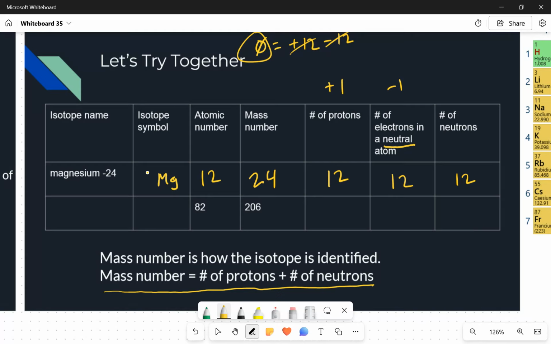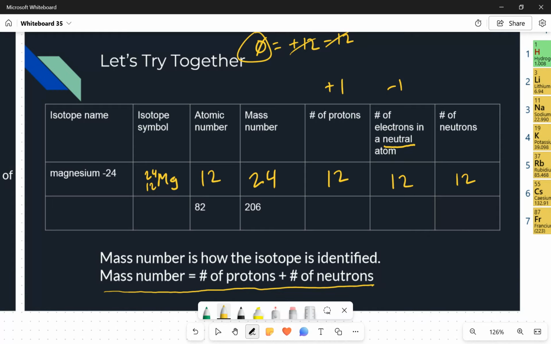On the top left, I put my mass number, that's 24. And on the bottom left, I put the atomic number, that's 12. And would you look at that? I've completed this row just from the isotope name.